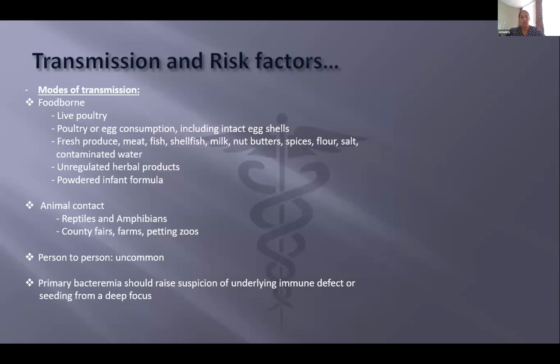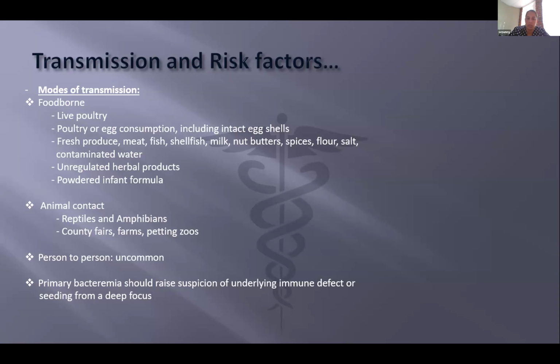So when we look at transmission and risk factors, you have foodborne factors, so live poultry or egg consumption, including intact eggshells, fresh produce, meat, fish, shellfish, nut butter, spices, flour, salt, contaminated water, unregulated herbal products, powdered infant formula, and animal contacts like reptiles, amphibians, county fairs, farms, petting zoos.